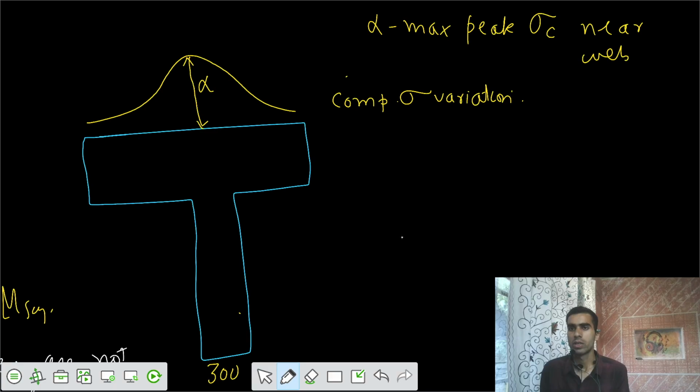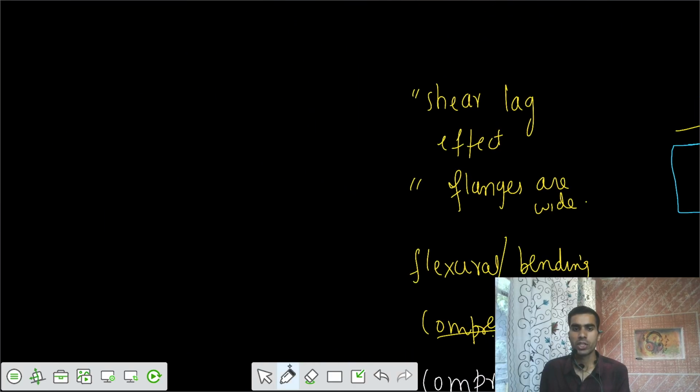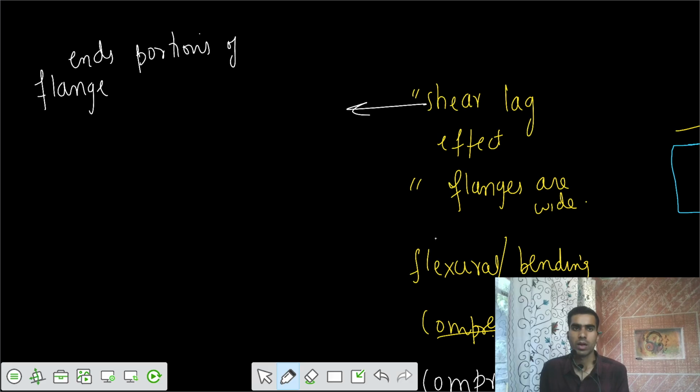But the compressive stresses developed are very less near the end portion of that flange. Because of the shear lag effect, the end portions of the flange are not effective in taking those bending stresses.